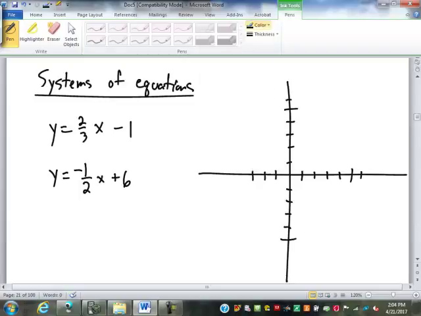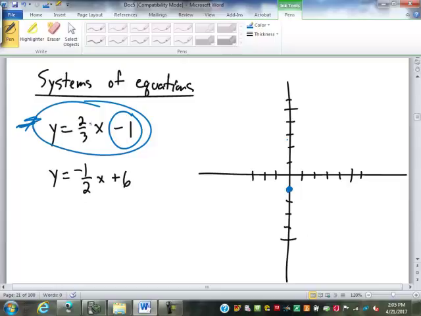So for this first one, the top one, where do I start when I graph that? Where is our y-intercept? -1, very good. We start right there, 1 unit down from the origin.